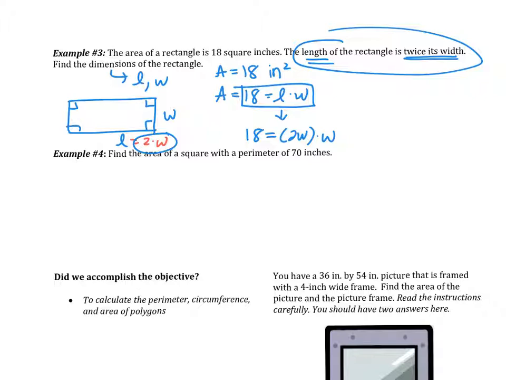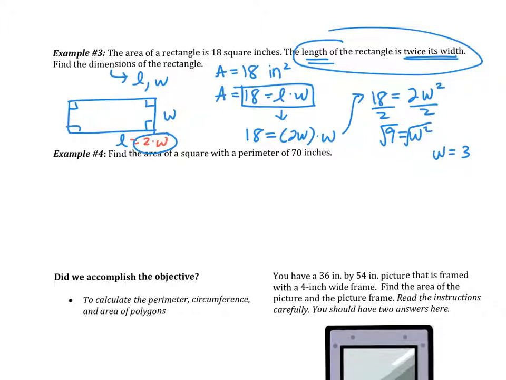This now has one variable. We can solve this. Simplifying on that right side, 2w times w, well, w times w is w squared. If I divide by 2, I get 9 equals w squared. To get rid of that squared, you're going to take the square root. Square root of 9 is 3. Now, please remember to answer the question.